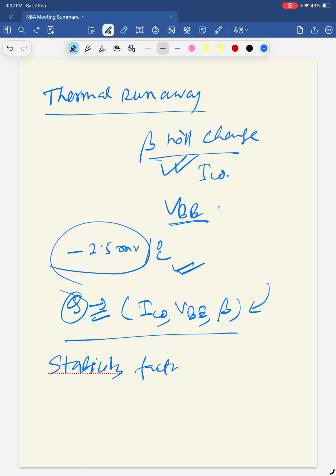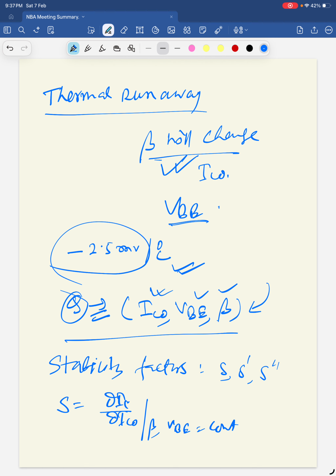These stability factors are also three kinds: S, S prime, S double prime, for these three parameters: ICO, VBE, and beta. So what is S? S is del IC by del ICO, keeping beta and VBE constant. So the rate of change of collector current with the reverse saturation current is called the stability factor S, keeping beta and VBE constant.